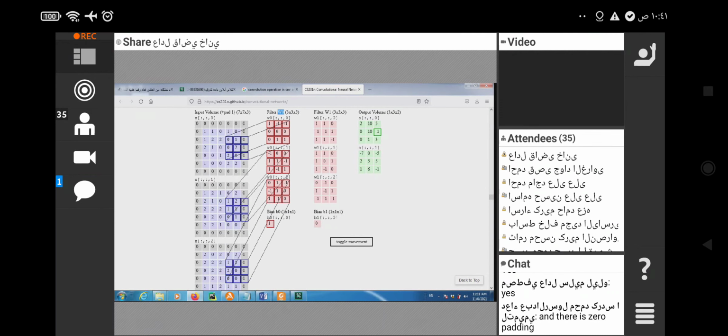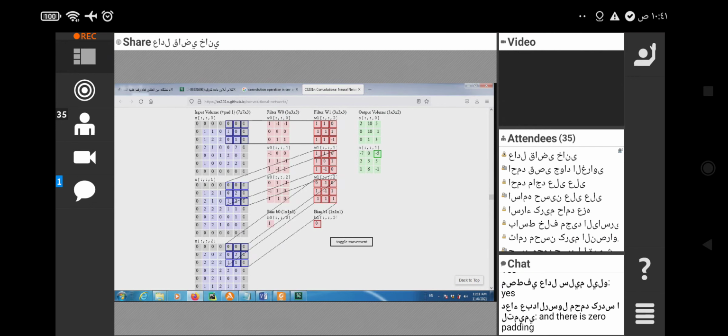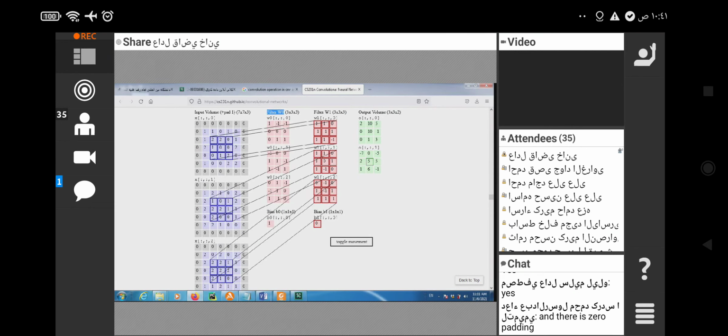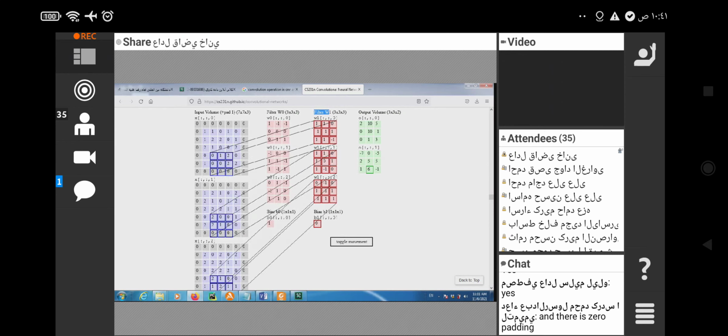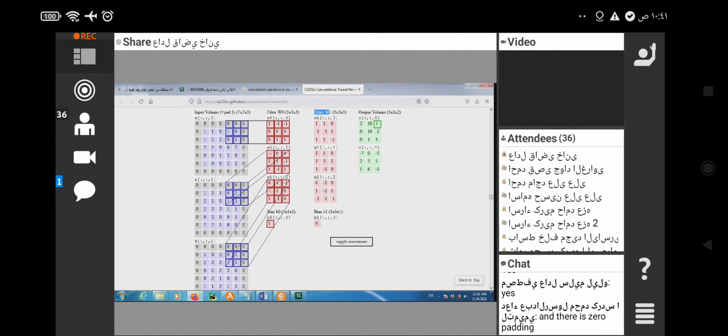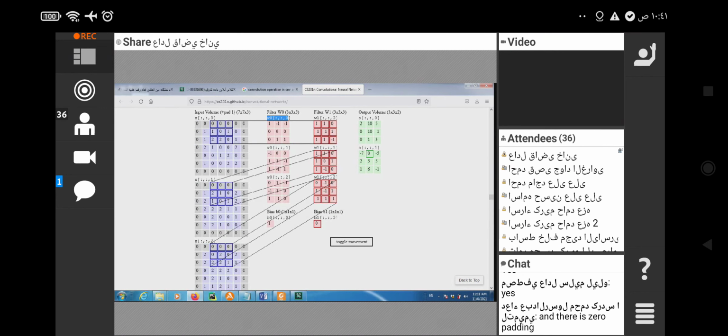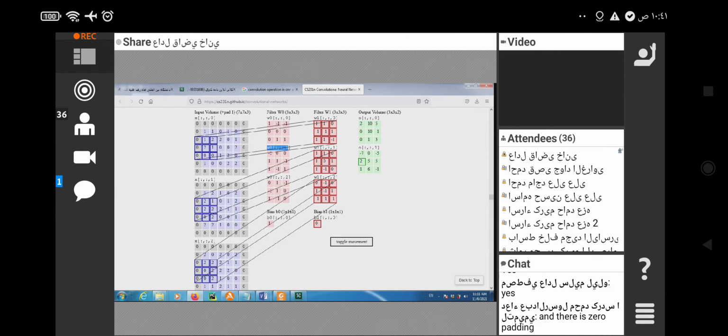Also for the filters, these are two filters. This is filter 1 and this is filter 2. So in the convolution layer we have two kernels. The first kernel, you see, this is 1, this is 2, and this is 3.